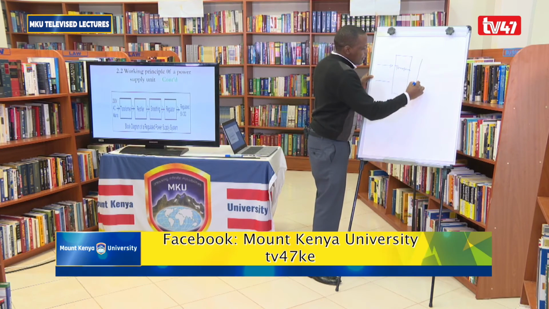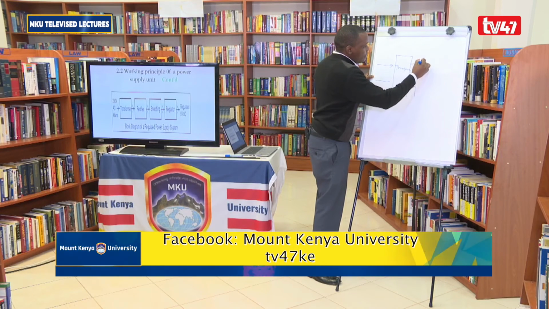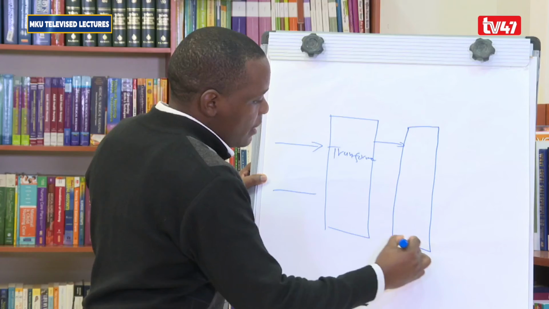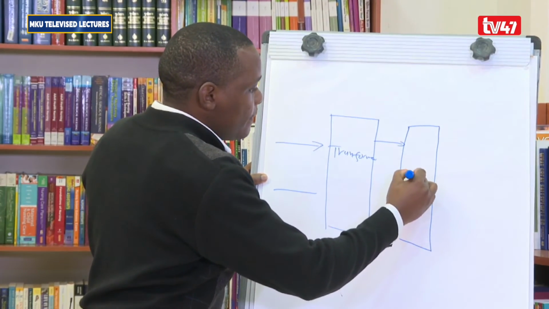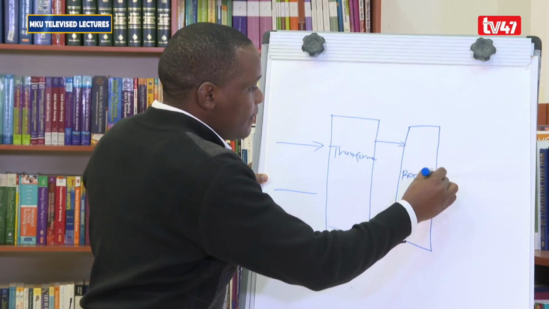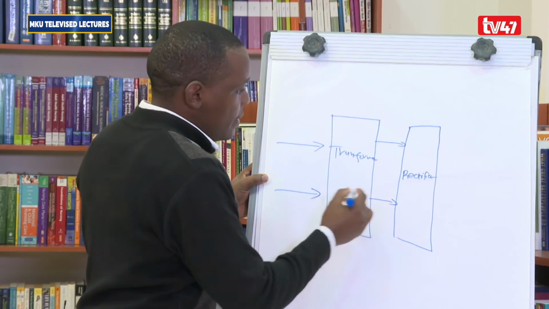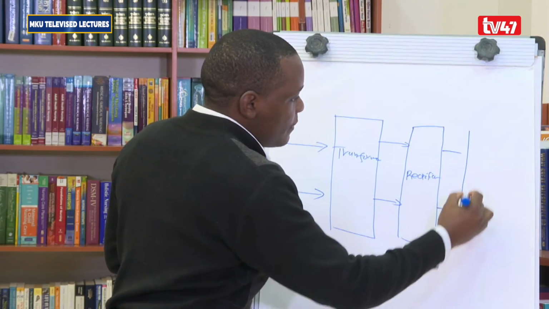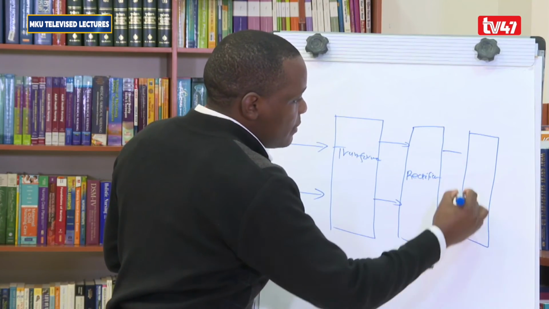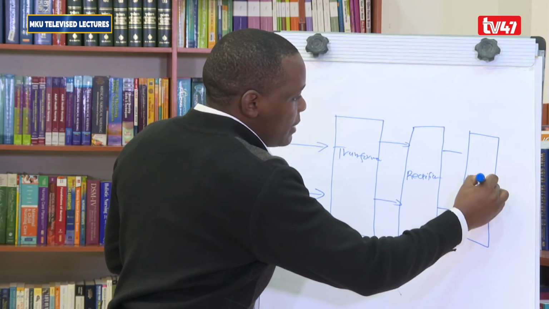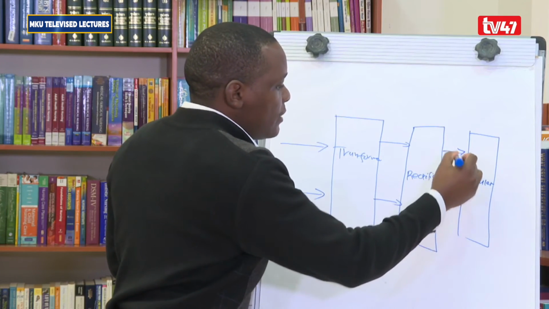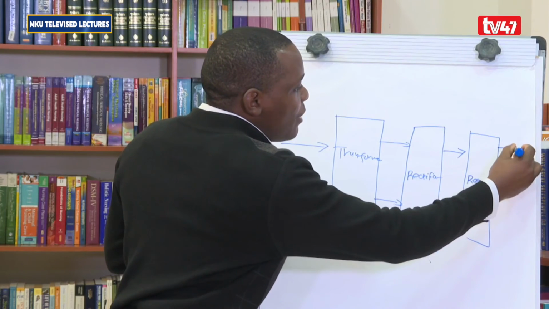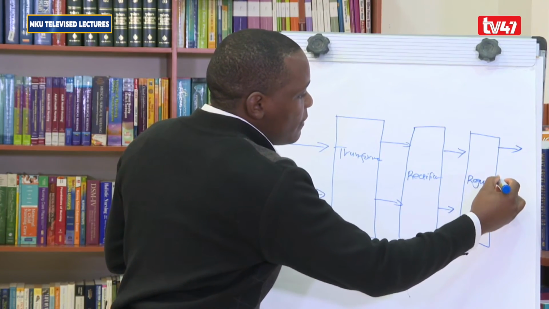Then it gets through to the rectifier. Then lastly, it gets through to the regulator. So in that order. And then we have the output voltage.